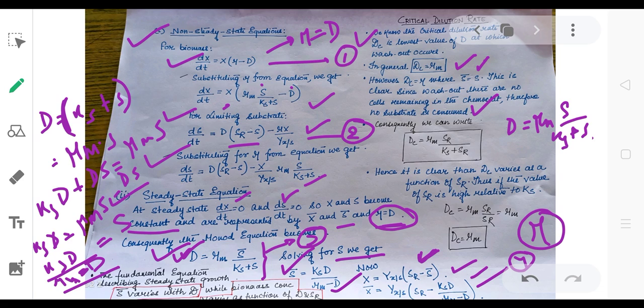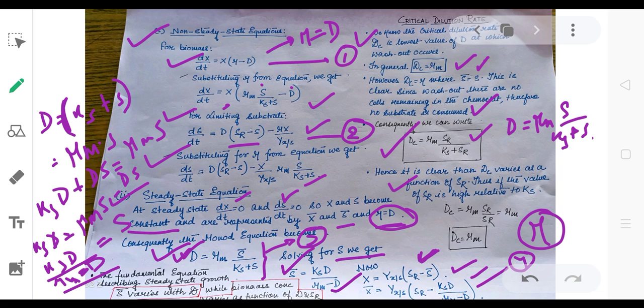And as a result, what will happen? That means SR is equal to S bar. So that is what they are trying to say. Consequently, we write DC is equal to mu m SR/(Ks plus SR). SR is the substrate in the seed tank rather than the substrate in the chemostat. Hence it is clear that DC varies as a function of SR.